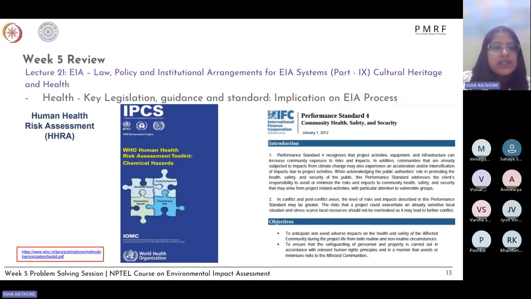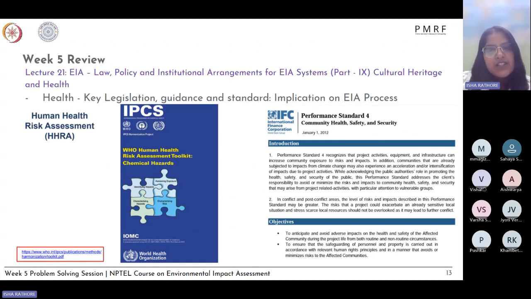Then, in the health aspect, we looked at the key legislation, guidance, and standards, and their implication on the EIA process. So, we looked at the Human Health Risk Assessment, or the HHRA, given by the World Health Organization (WHO). It gives you guidelines on how to deal with chemical hazards. That is, identifying these hazards, assessing exposure, characterizing hazards, and characterizing risks, and further guidelines on how to deal with all of them.